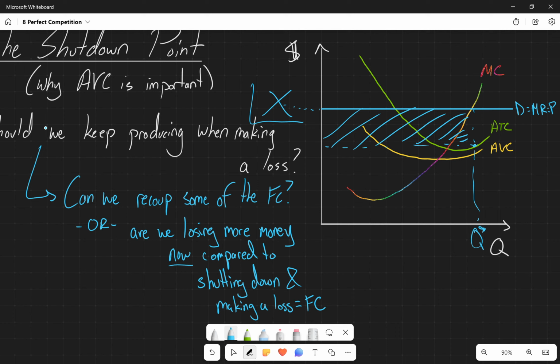If we look at the equilibrium price and the equilibrium quantity, and then multiply that by P minus ATC, that's going to give me that profit box. So this is a great situation where the market price is above your average total costs.